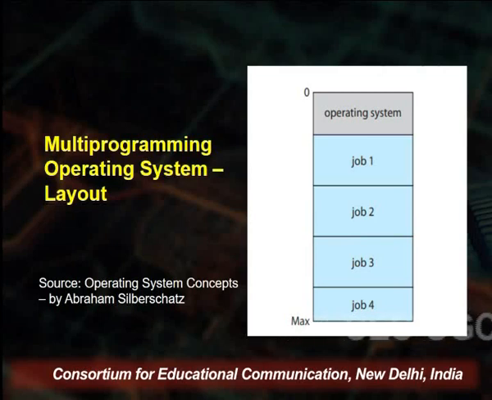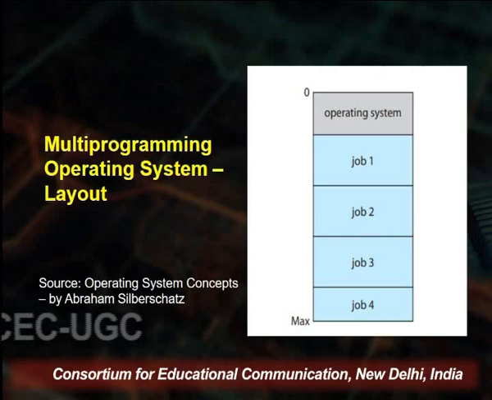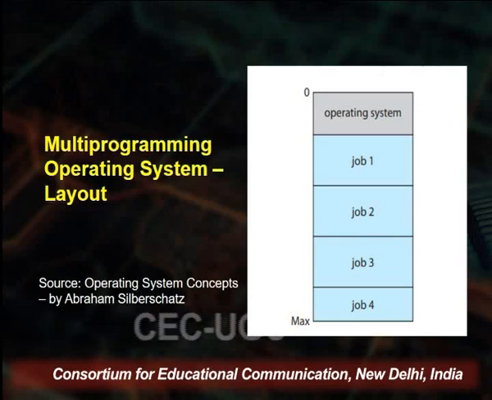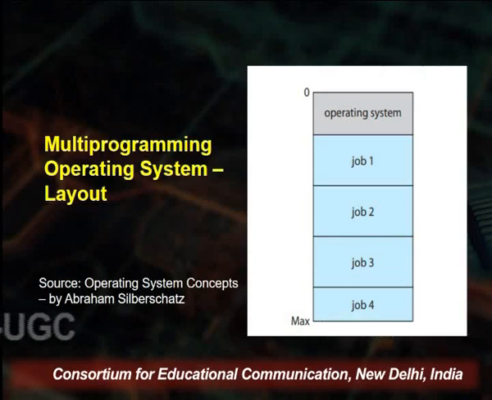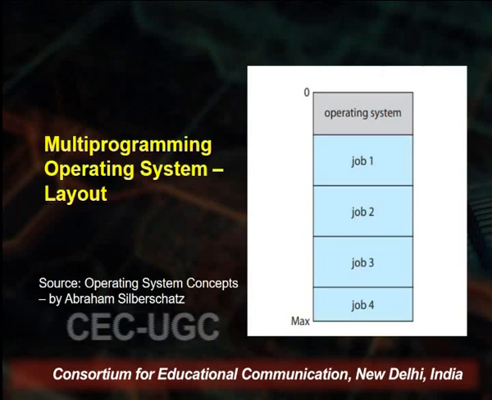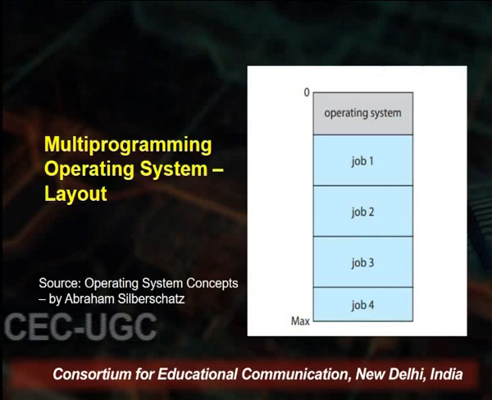Why the operating system is residing in the memory was explained when we went through the process of booting. The process of booting itself says that loading of the operating system from hard disk into the memory is known as the booting process. So in the process of booting, your operating system comes up here and starts residing here.